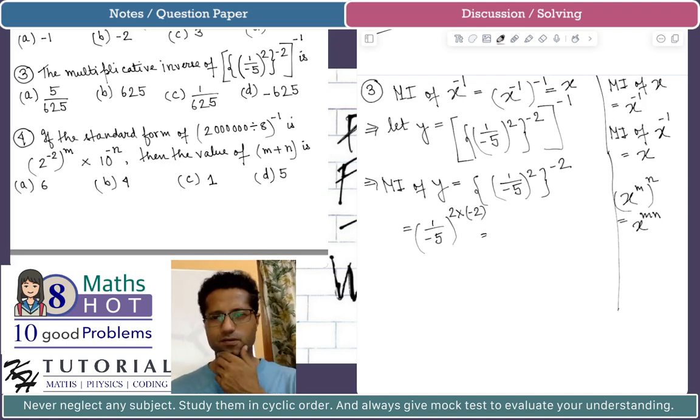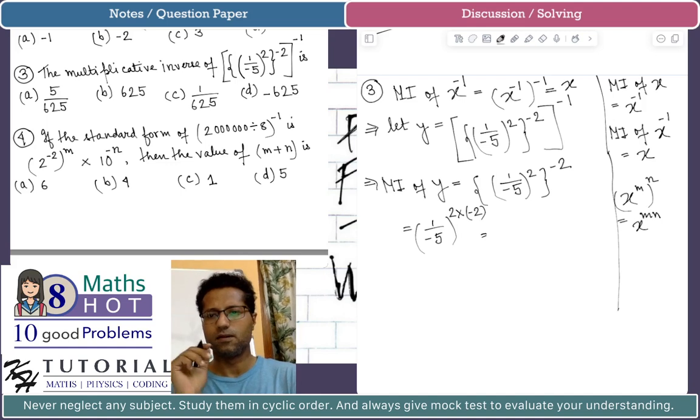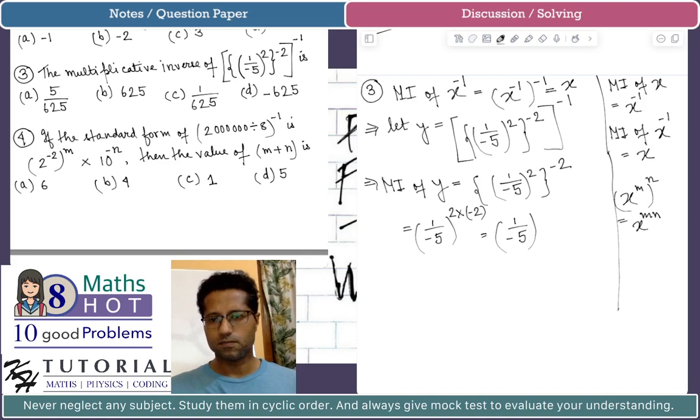It is always recommended that while working with rational numbers, you always keep the denominator positive. But perhaps it will not matter that much in solving problems of exponents. So I am not making the denominator positive as of yet, so 1 by -5 raised to the power 2 multiplied by -2, that is -4.